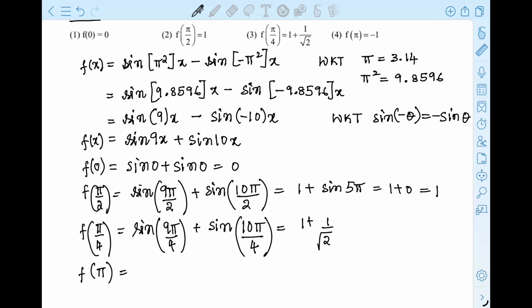Wherever x is present we'll be replacing it with pi. So it's sine 9 pi plus sine 10 pi. We know for each and every value sine n pi goes to 0. So this should be equal to 0. But the value given here is f of pi is minus 1. So this is false. So this will be our option.